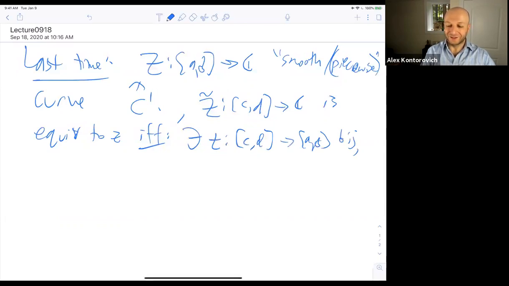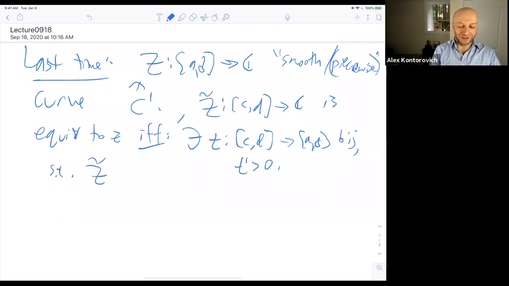Anything else? And we need the derivative to be greater than 0. Yes, perfect. We need the derivative to be strictly positive, such that z tilde of s is equal to z of t of s.